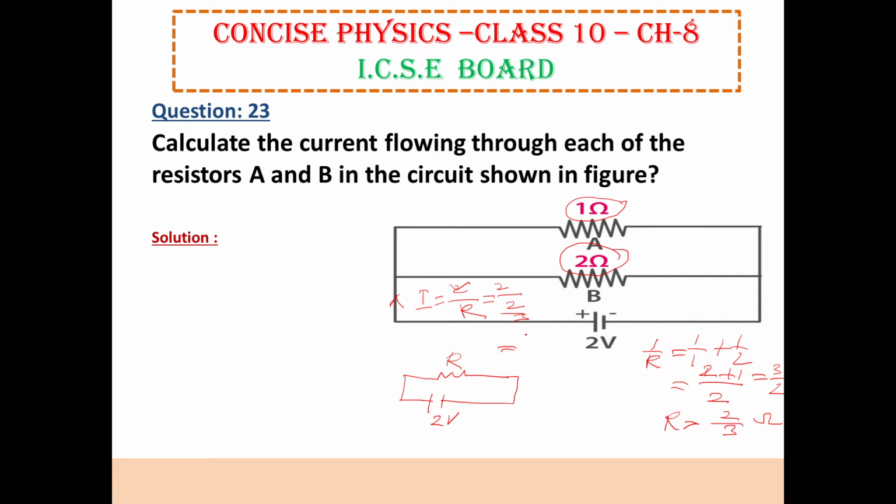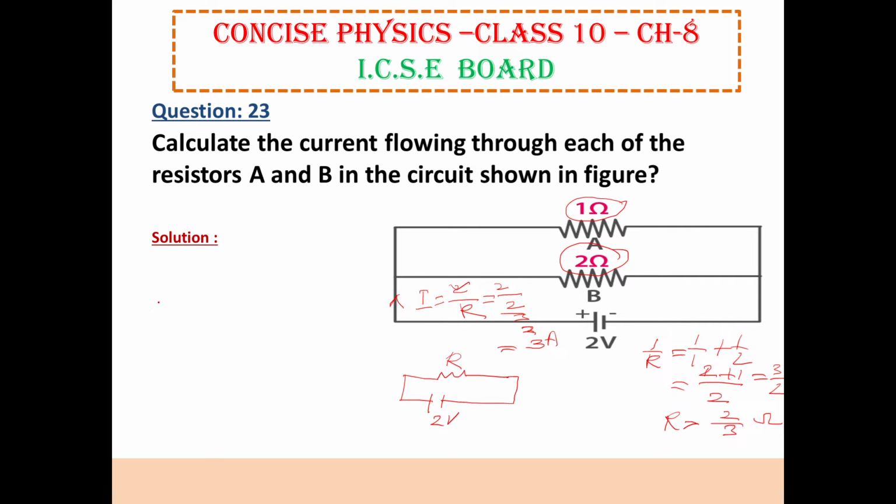So that is coming finally 3 ampere. So the total current in the circuit is 3 ampere. But we will have to find out the current through each of the resistors.